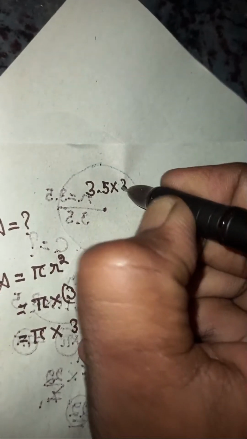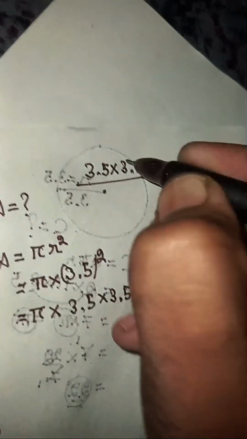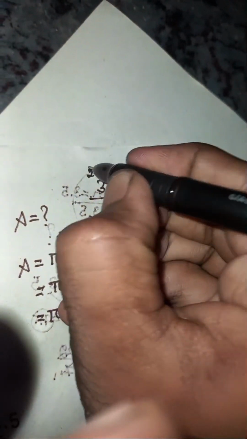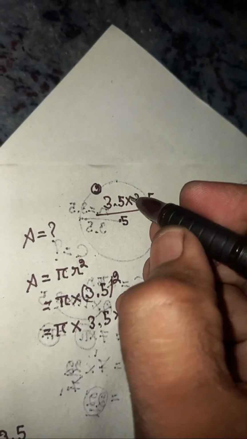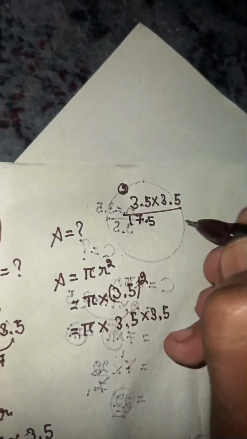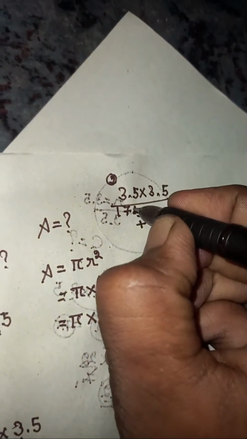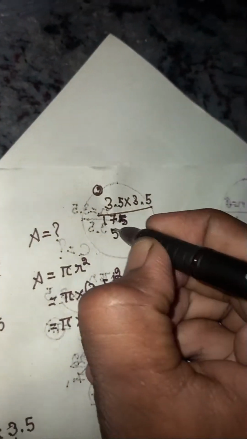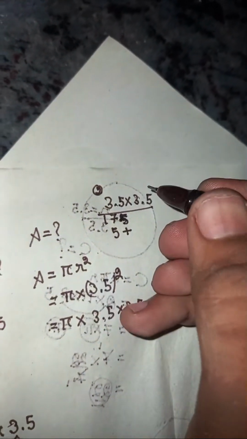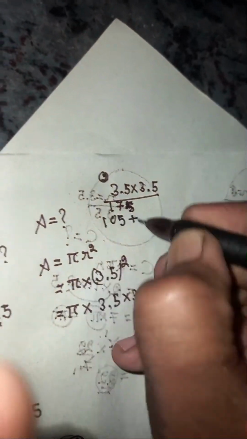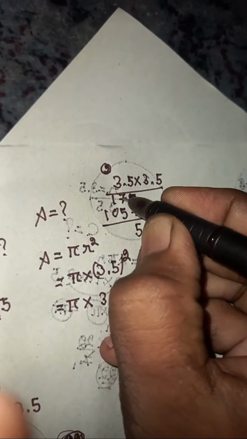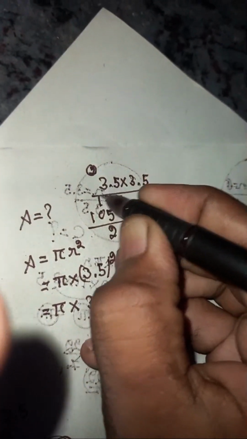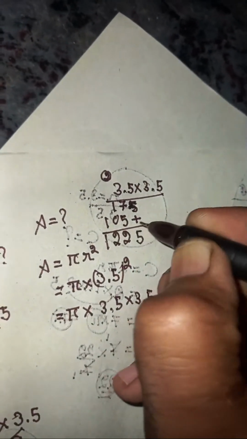3.5 times of 3.5. After multiplying you're going to get 5 times of 5, 25, 2 carry, and 5 times of 3, 15, 15 plus 2, 17. Again put plus, and you're going to get 3 times of 5 is 15, 1 carry, and 3 times of 3 is 9, 9 plus 1, 10. You're going to get 5, 5 plus 0, and 7 plus 5 is 12, 1 carry, 1 plus 1 is 2, and again 1.